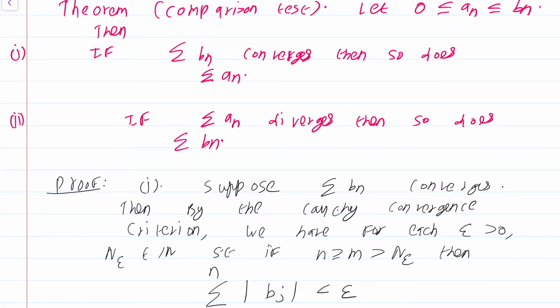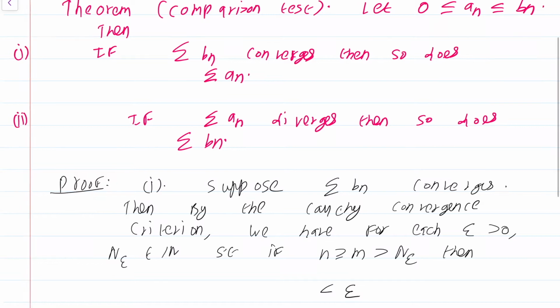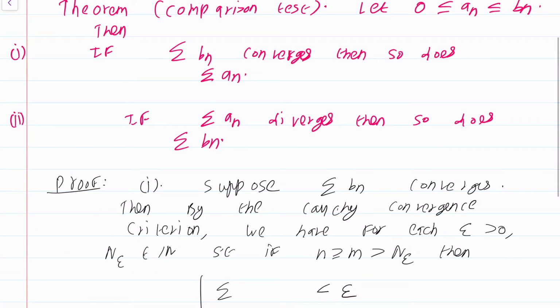Sorry, I made a mistake. The summation should be inside the modulus. So modulus summation j equals m to n, bj is less than epsilon.